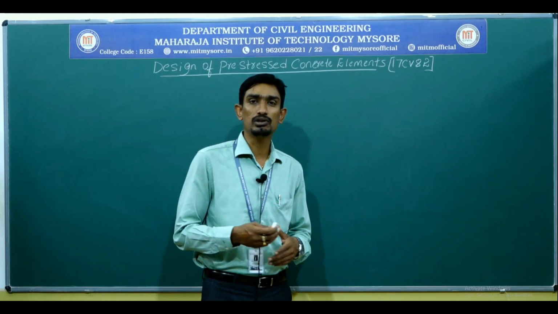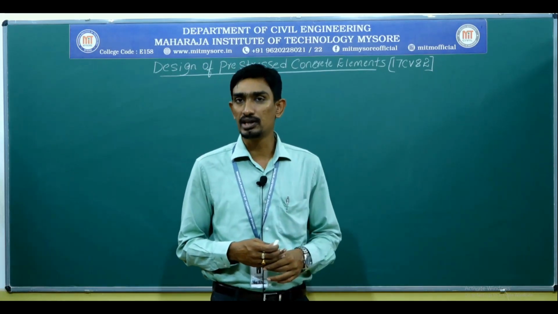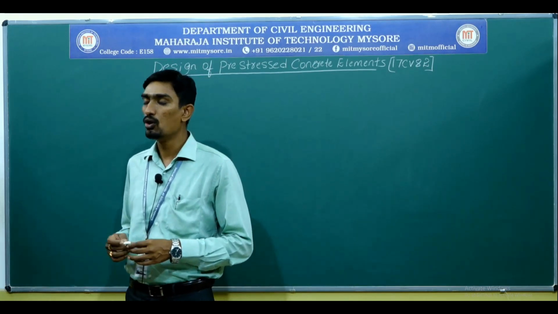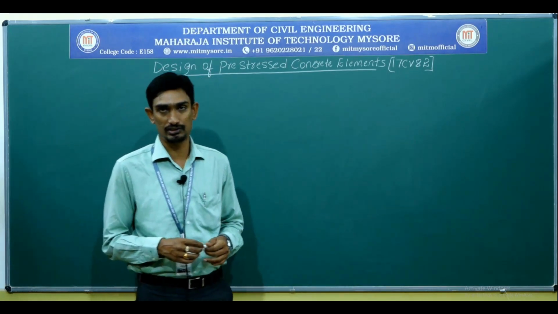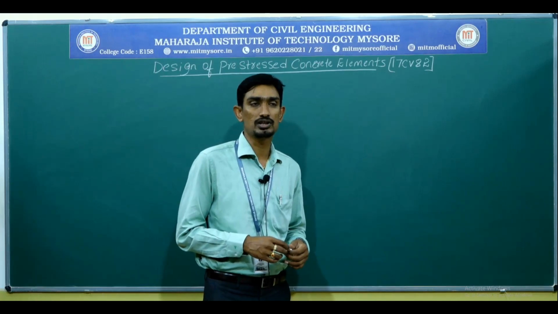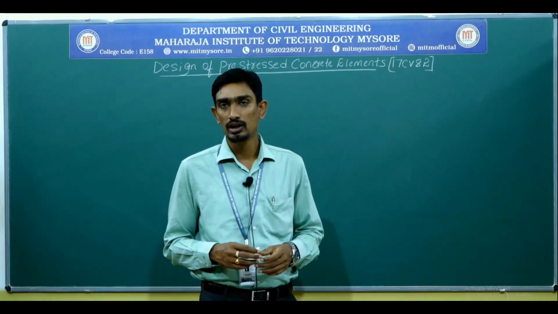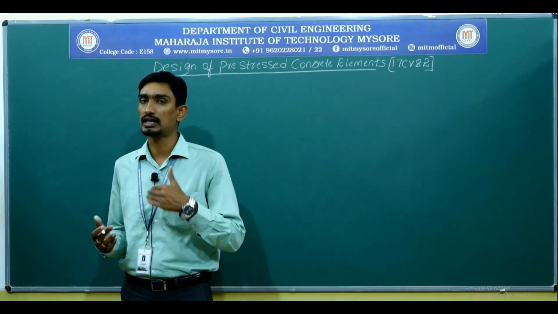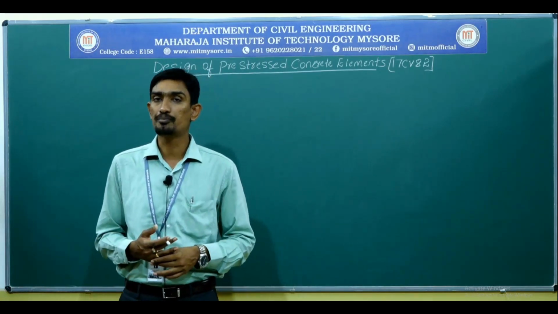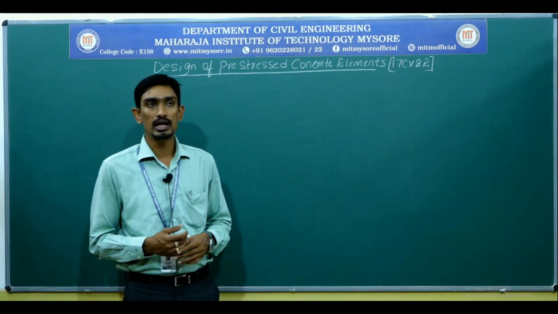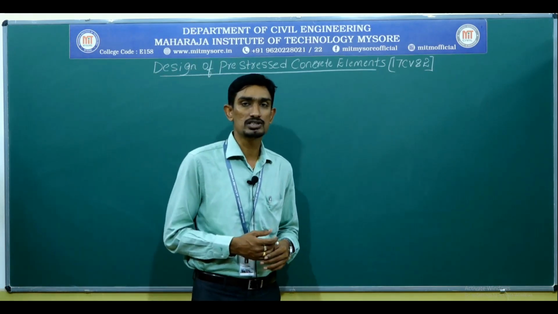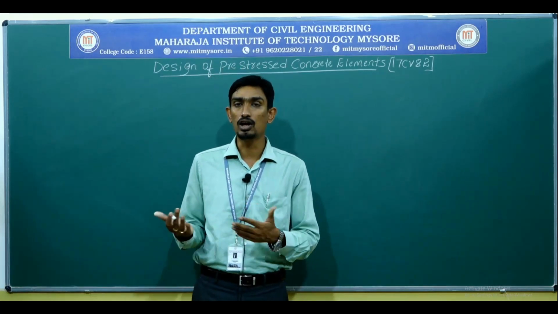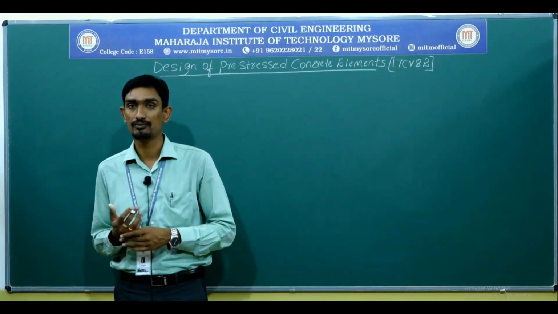Before getting into these types of prestressing systems, first we need to know some of the terminologies. Without knowing these terminologies, we are not able to understand the concept, or the various types of prestressing systems, because they use terminologies called strands, tendon, eccentricity, or anchorages.